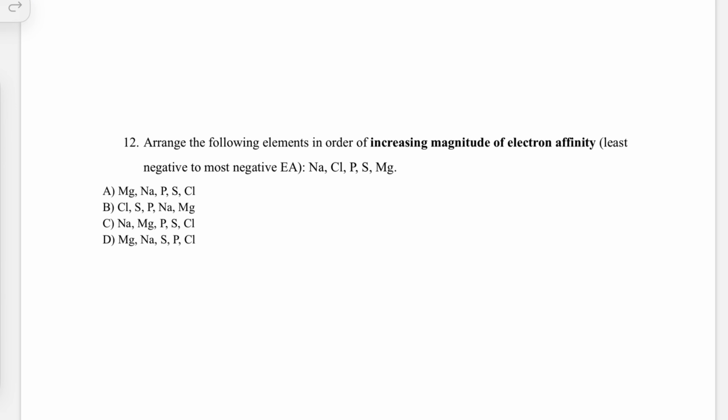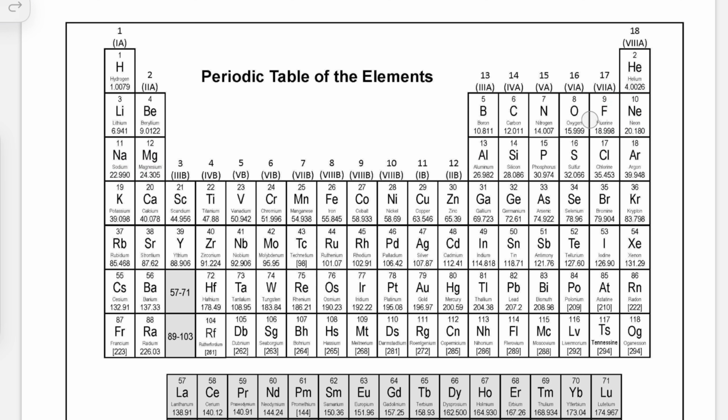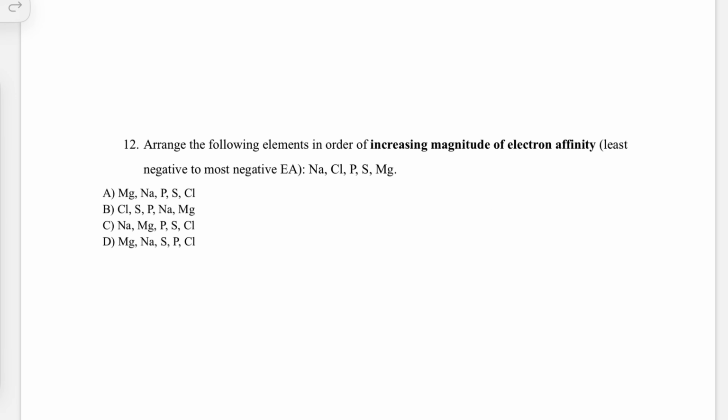Last question. Arrange the following elements in order of increasing magnitude of electron affinity from least negative to most negative. So, as we said before, the more negative electron affinity is, the more badly it wants to gain another electron. So we are looking at magnesium, phosphorus, sodium, chlorine, and sulfur.